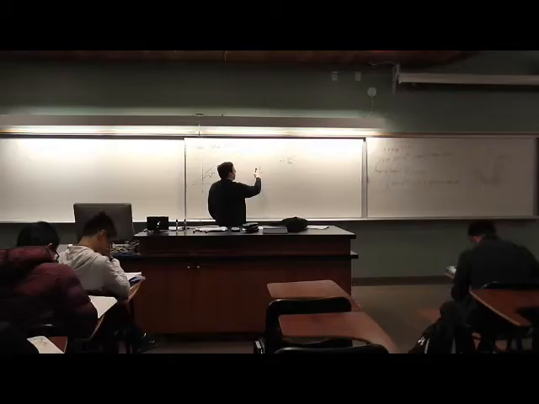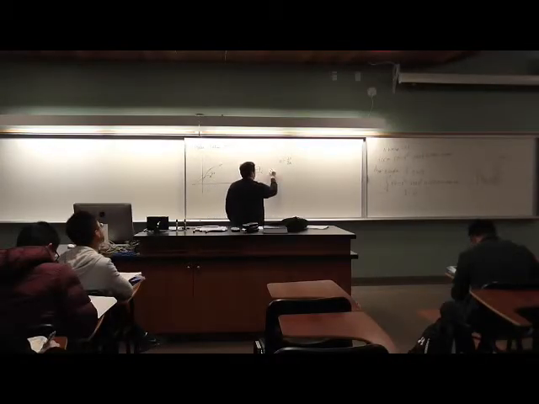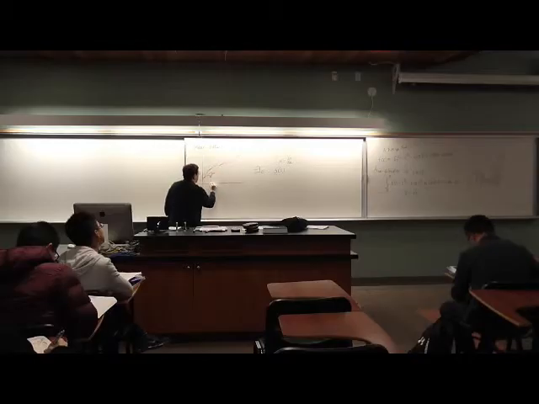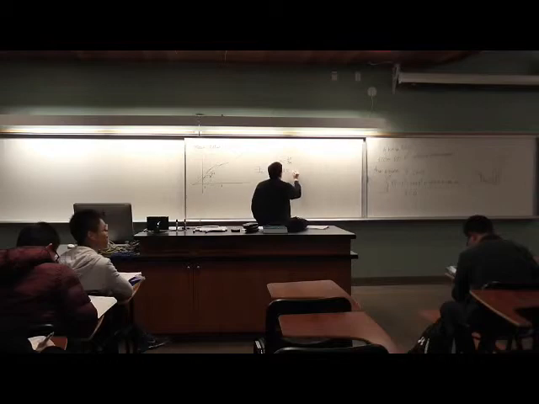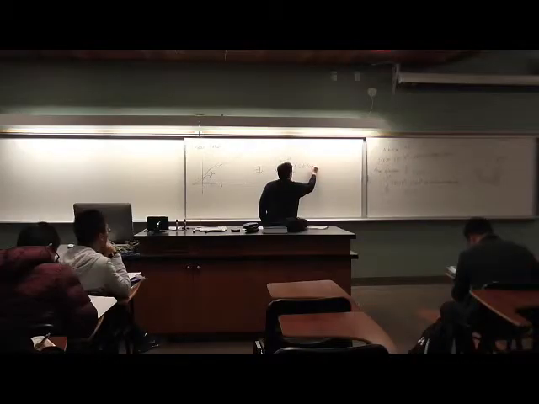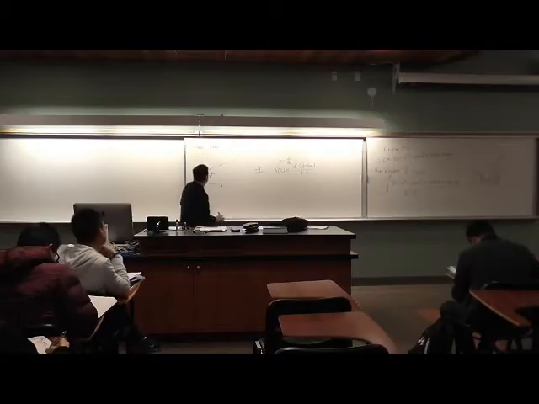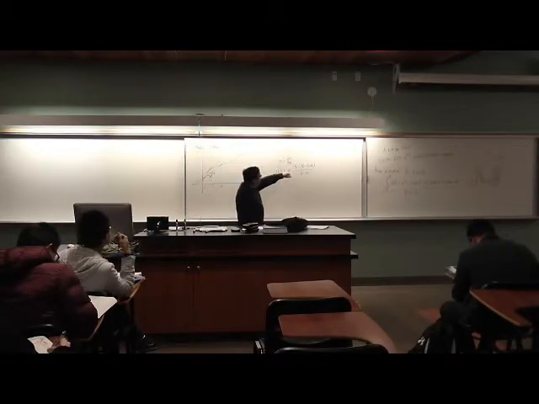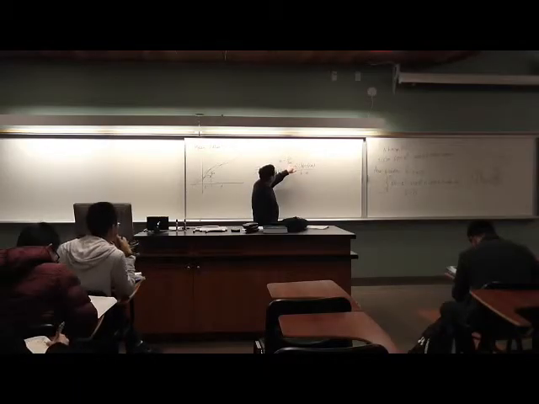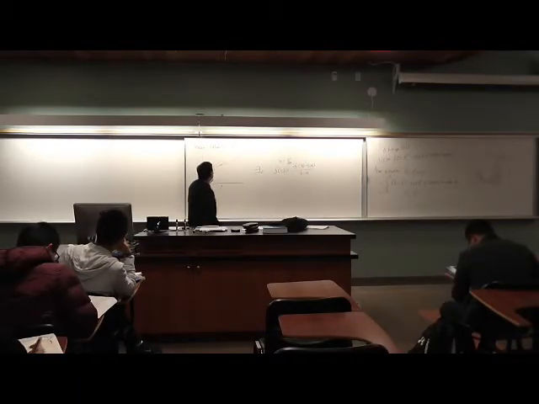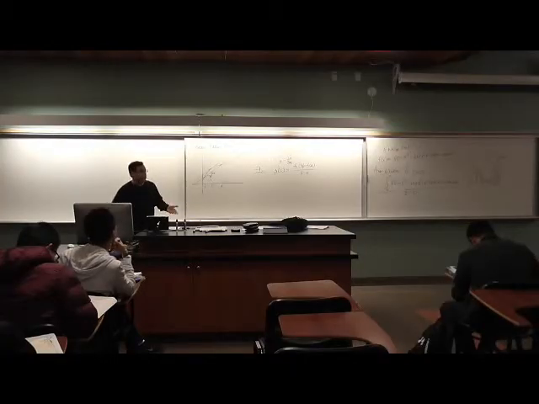But this backwards E means there exists a C such that the derivative at C, this is my point C, between point A and point B, is equal to f of B minus f of A over B minus A, f of B minus f of A being delta y and B minus A being delta x. So that's what the mean value theorem means when someone says the mean value theorem.